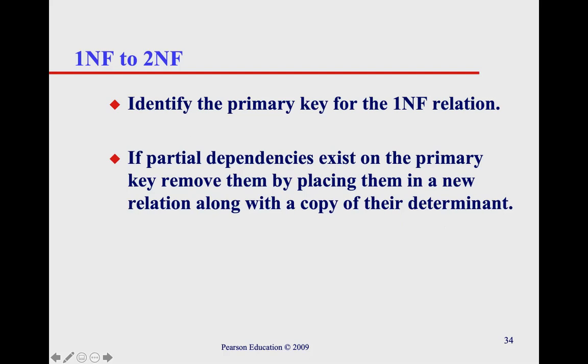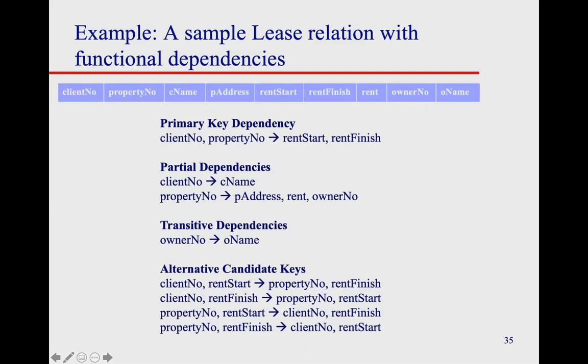So now here's an example. Best way to do it is to show you an example. Here is our lease relation. A lease has a client, a property, client name, property address, when the start of the lease is, when the end of the lease is, the amount of the rent, the owner number, and the owner name.